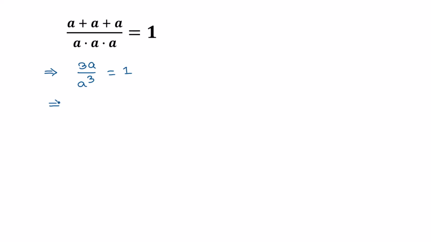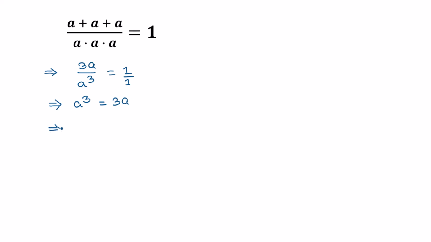Now applying cross multiplication, here this is 1, so a cube times 1 is a cube, equal to 3a times 1, which is 3a.